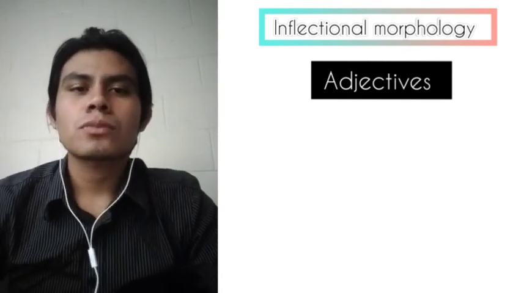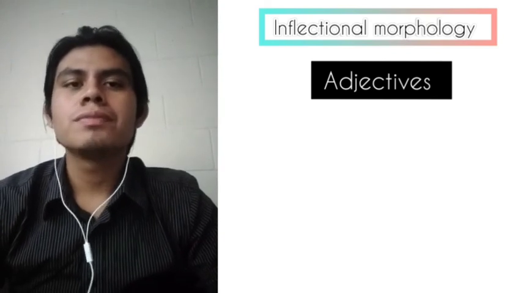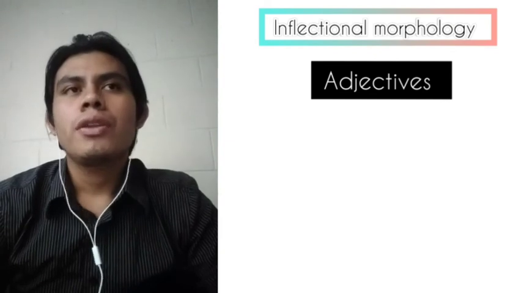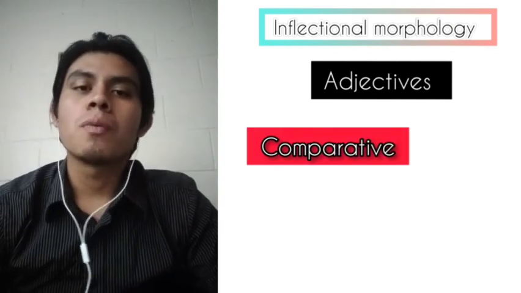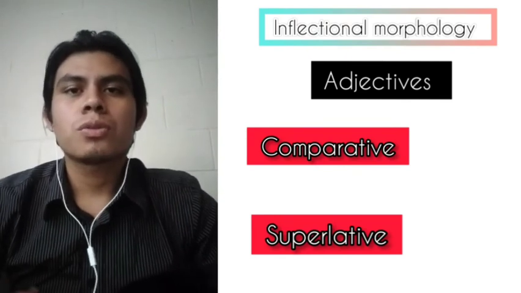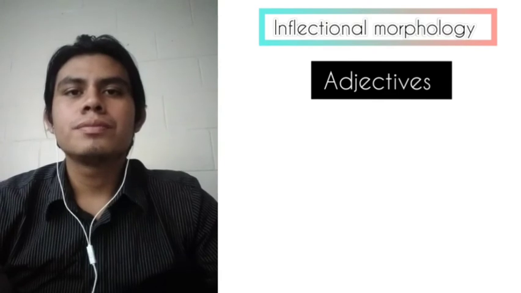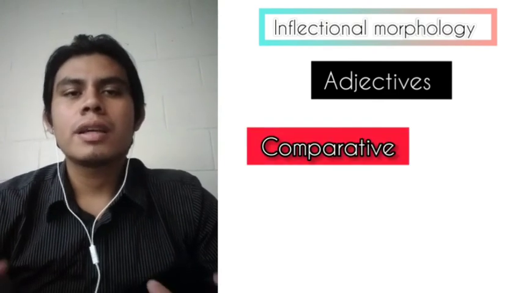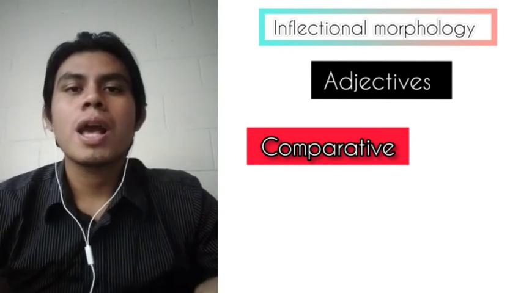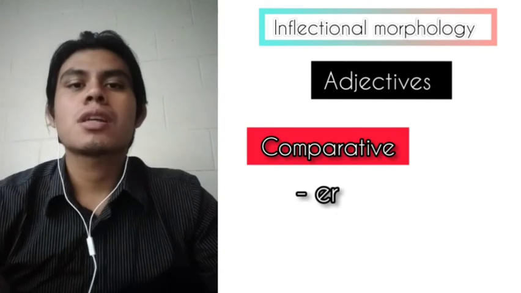So let's start with the topic, right? In English, adjectives only take two inflections. Those are comparative and superlative, right? Well, when we talk about the comparative, we know that the inflection occurs when we add the suffix er, right?